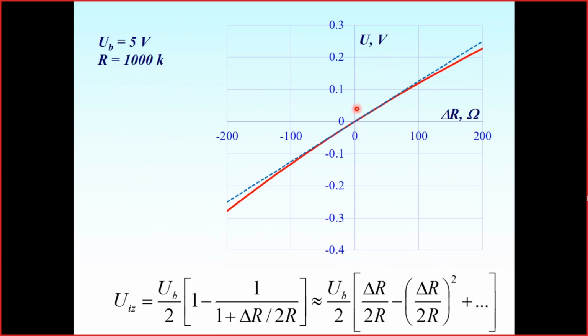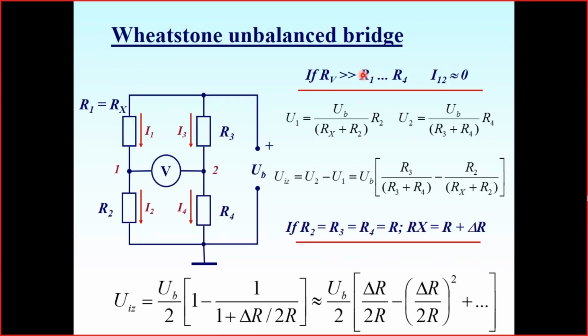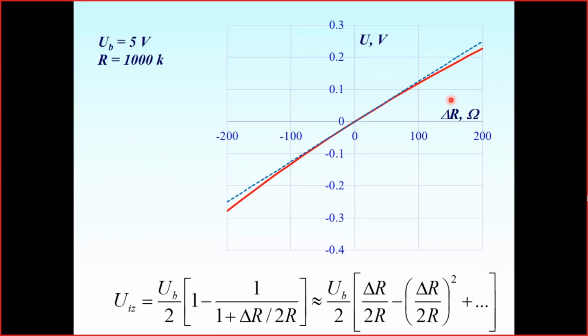Here is the output voltage, the voltage between points 1 and 2, as a function of the change in resistance. So if the resistance of one element grows by, for instance, 100 ohms, it's more or less 20% of the total value.